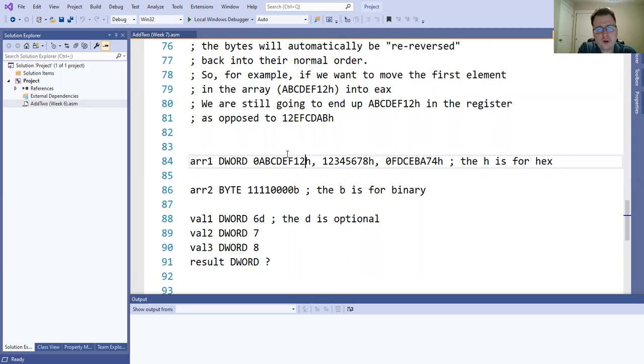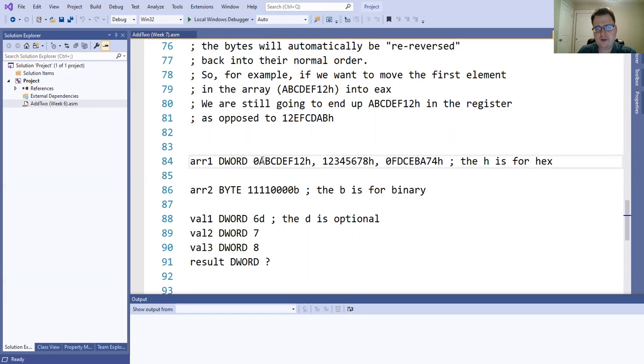We said that you can always tell whether the 0 is part of the number or not by just looking at the total number of hexadecimal symbols. So here in our array of dwords, when we look at the first term, which is 0ABCDEF12 in hex, we're seeing that we have a total of 9 hexadecimal symbols.